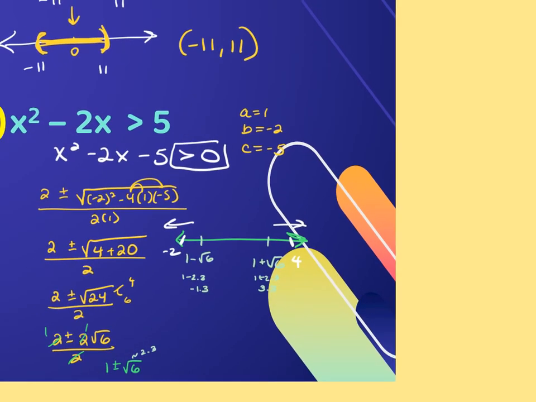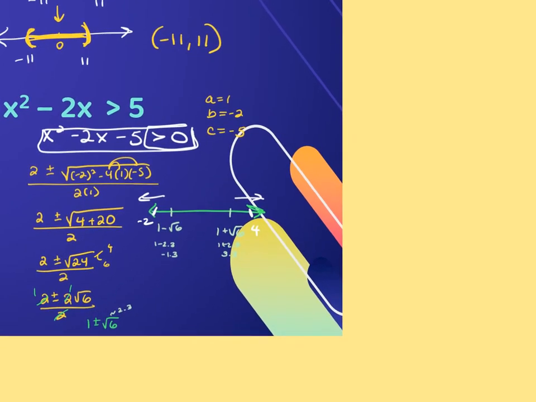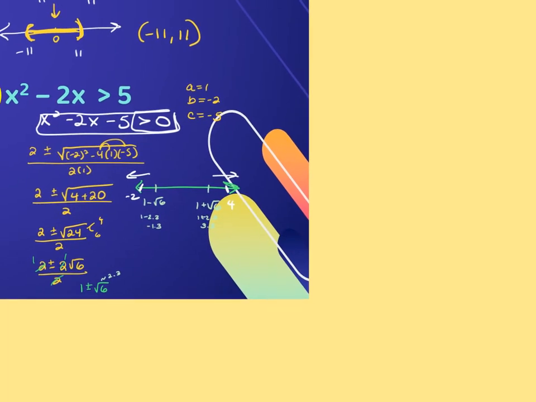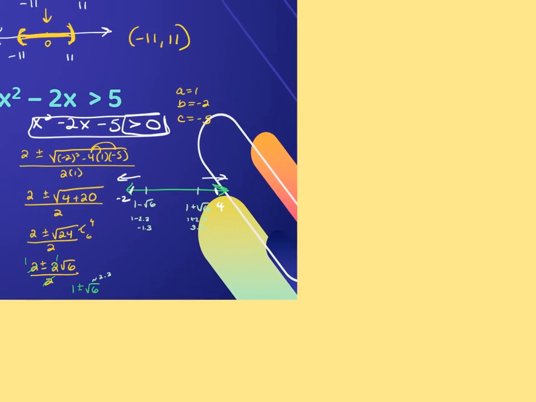And again, you can plug them into the very beginning or into the one that we shifted over. So it would be like x is greater than 1 plus or minus square root 6. You have to split those. Because we're setting up those test points, you have to split the plus and minus. So I have to plug in negative 2: negative 2 squared minus 2 times negative 2 minus 5 is greater than 0.